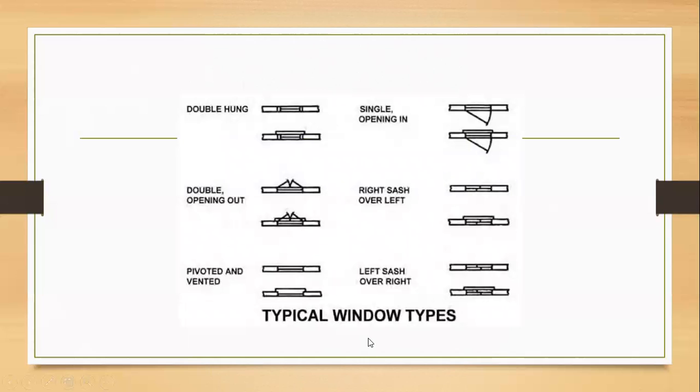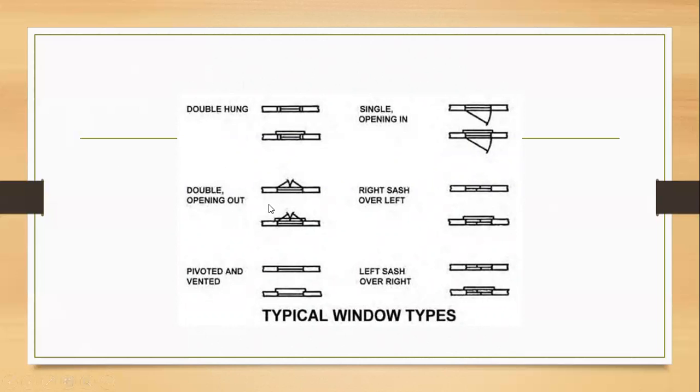Now we have some typical windows. Right, so here we have examples of double hung windows. The double hung are like those windows where you will have two parts, and in order to open them, you will lift it. So that's an example of the double hung.